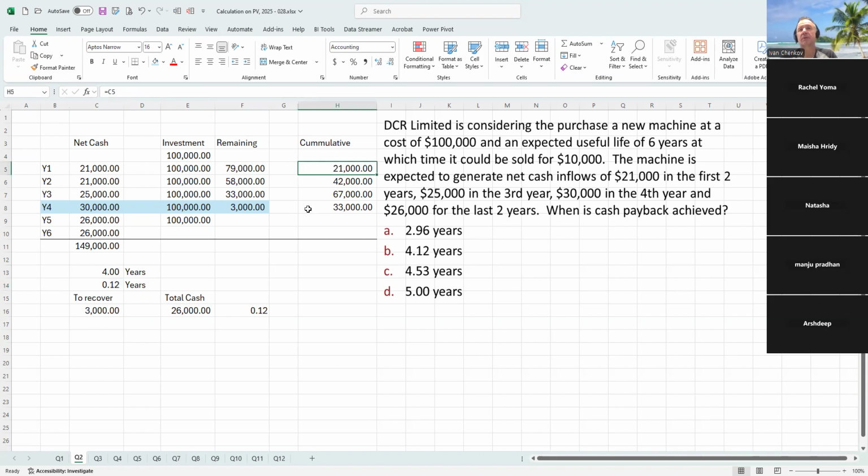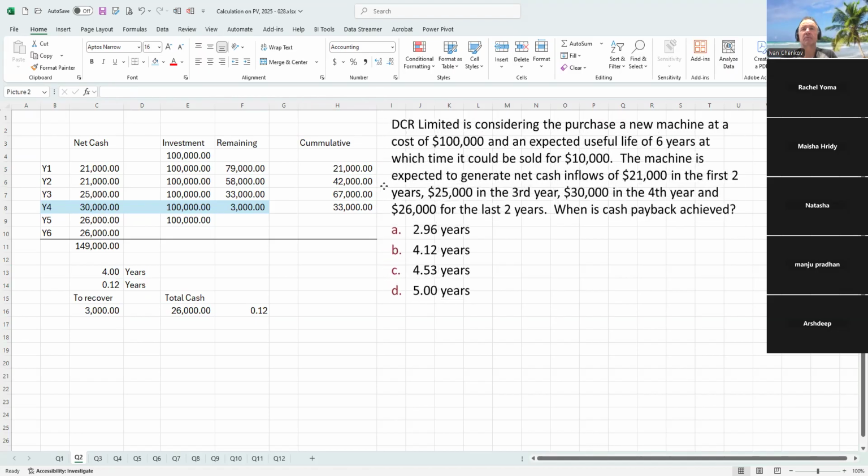If we want to do it cumulative, the first year is 21, second is 42. The third year, cumulatively, we're going to generate 67. The fourth year, we're going to generate 97. So how much is left here? We have left to recover 3,000. How much is left to recover in the other case?